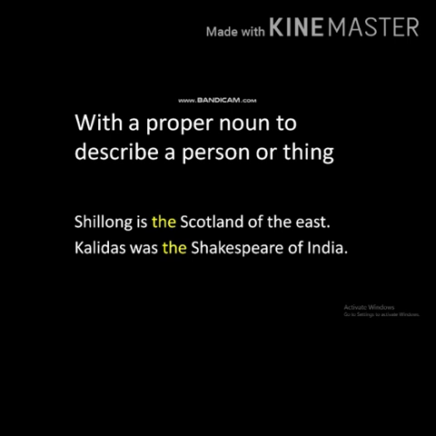The definite article is used before Shakespeare to suggest his versatility or talent as a playwright and to compare Kalidas with Shakespeare. So the sentence Kalidas was the Shakespeare of India means Kalidas was as talented or as versatile as Shakespeare.